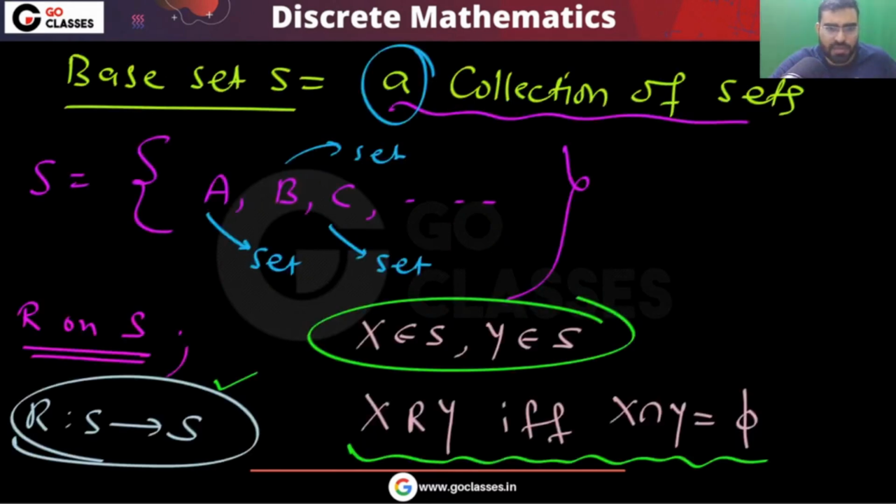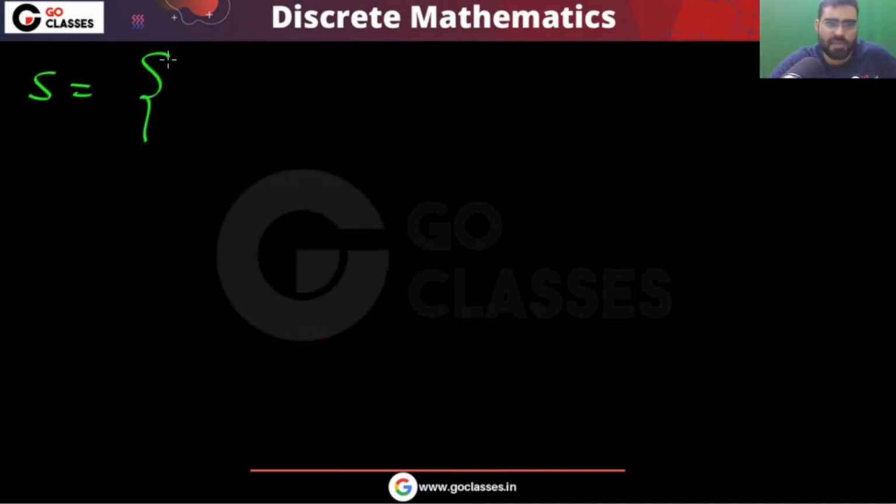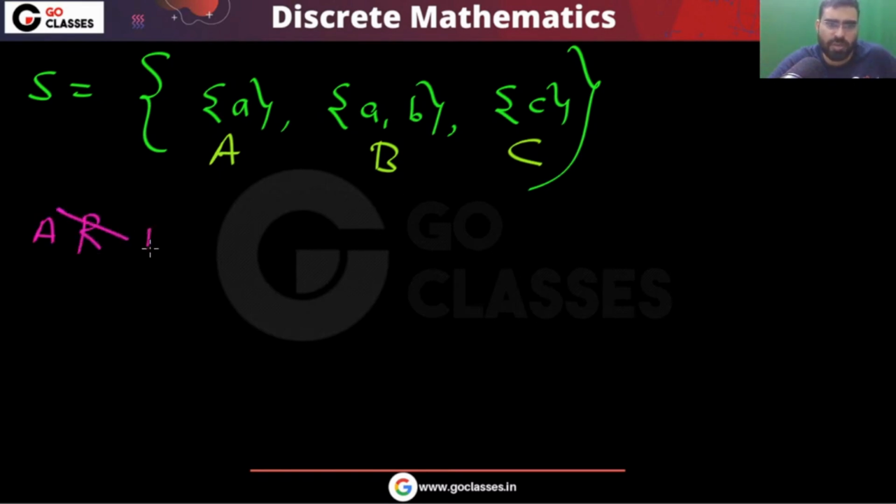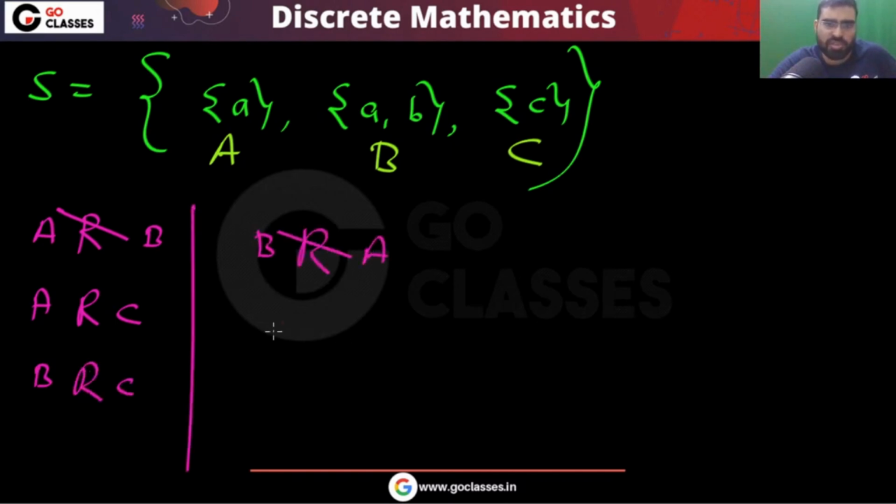For example, consider the set S is this. Let's assume A comma B, and let's assume this is C. Let's call them A, B, and C. In this situation, you can notice that A is not related to B because they are not disjoint. A is related to C. B is related to C. B is not related to A because they are not disjoint.